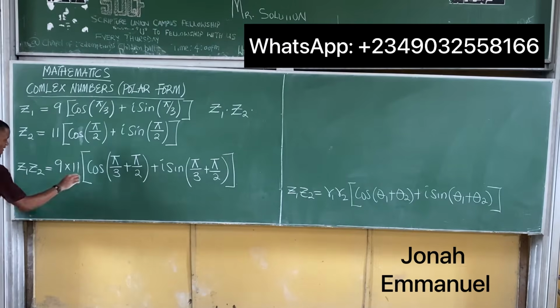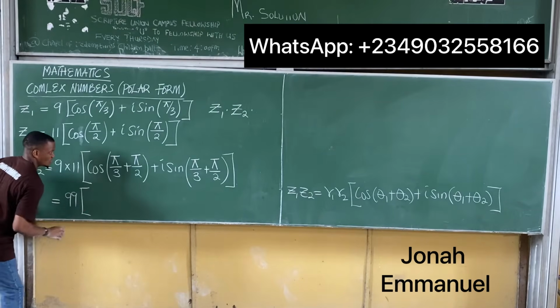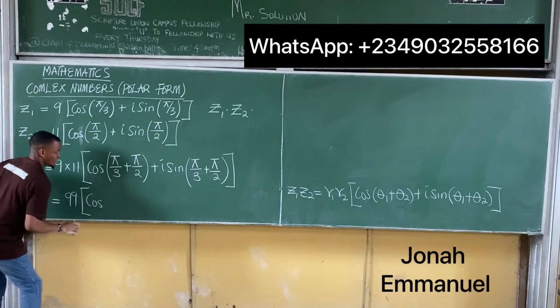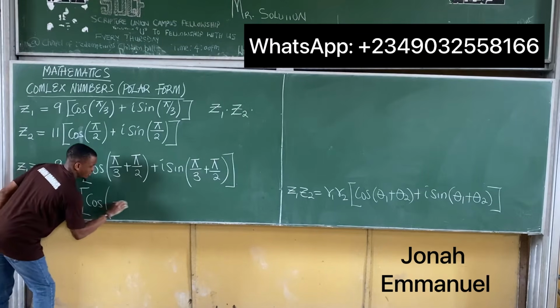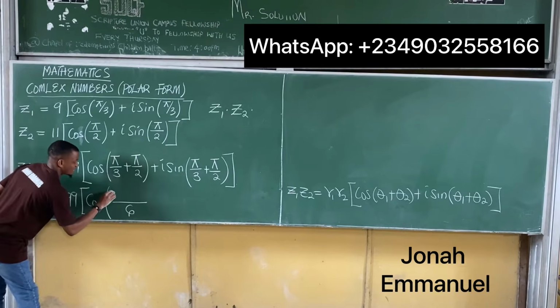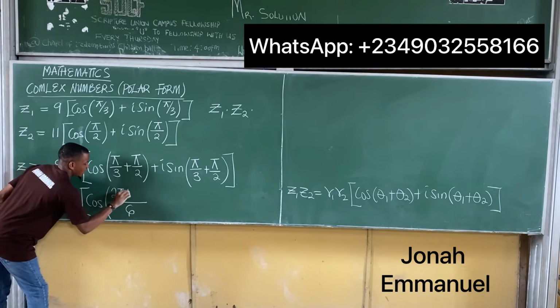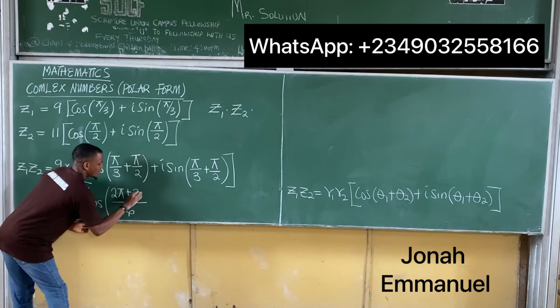So if we work on this now, this is equal to 9 times 11 is 99, into cos. Take the LCM here. My LCM of 3 and 2 is 6. So 6 over 3 is 2 times pi is 2 pi, plus 6 over 2 is 3 times pi is 3 pi.